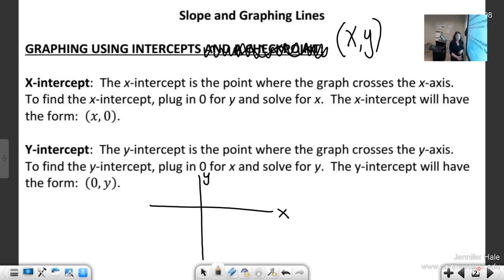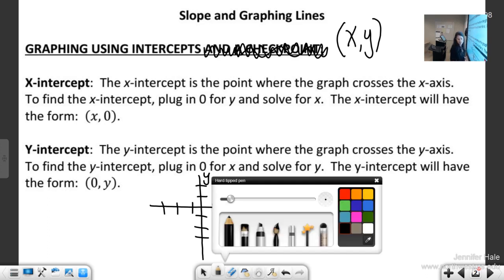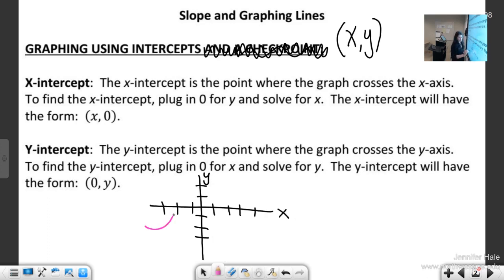If I give you this picture, and we have this graph, graphing using the intercepts is real easy if you know what an intercept is. An intercept is where your graph crosses the axis. So if we think about the x-axis, which runs horizontally, how many times does my pink graph cross my x-axis?